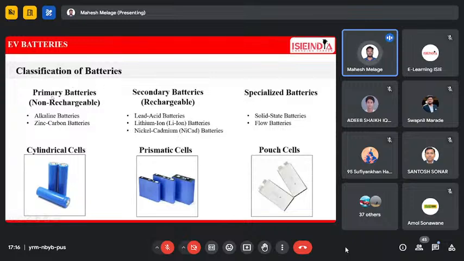What is meant by primary battery? The primary battery is nothing but non-rechargeable. A few days ago we could use non-rechargeable batteries, meaning cells such as remote cells and clock cells. These are non-rechargeable, meaning you can use them one time and then dispose of them.